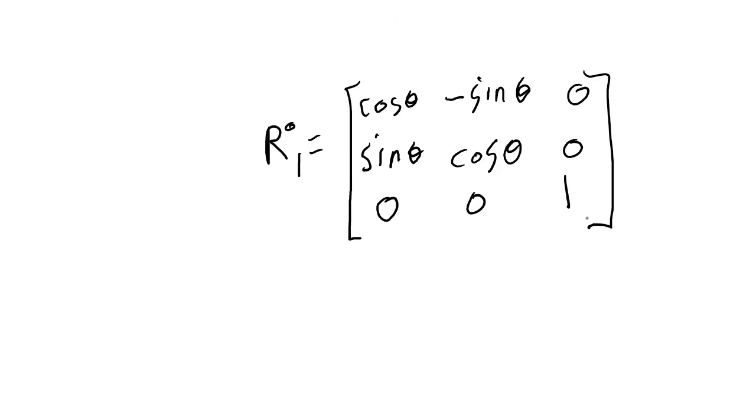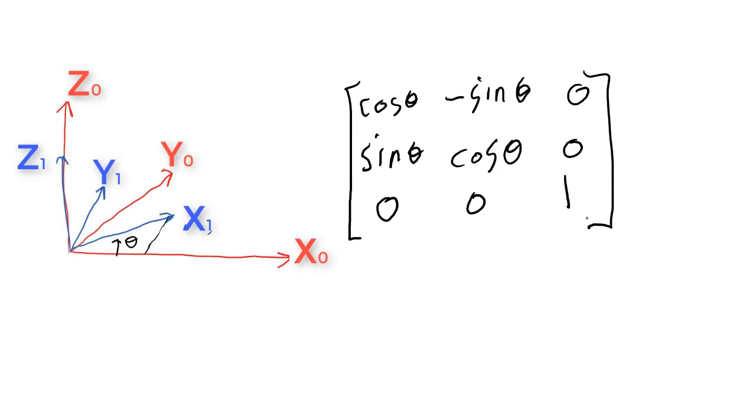Now, this matrix will correctly tell us all of the projections that we need for any angle theta that we might use to rotate the one frame in such a way that z1 does not change. Notice that in this rotation we made, we were rotating around the z-axis. In other words, the z-axis is the one that didn't change at all.